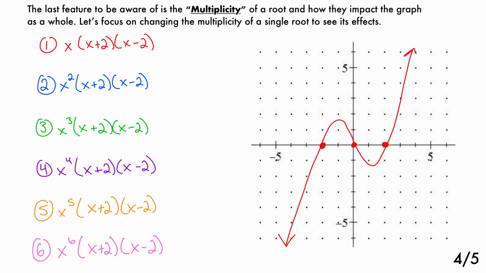But what happens if I take the 0 root? Remember, that's when x is 0. What happens if I change that root to have a multiplicity of 2, to be brought to the second power?